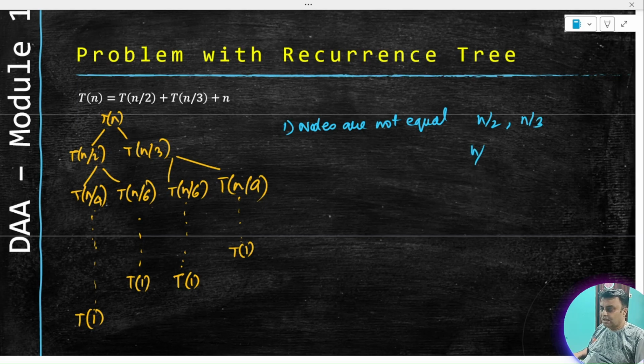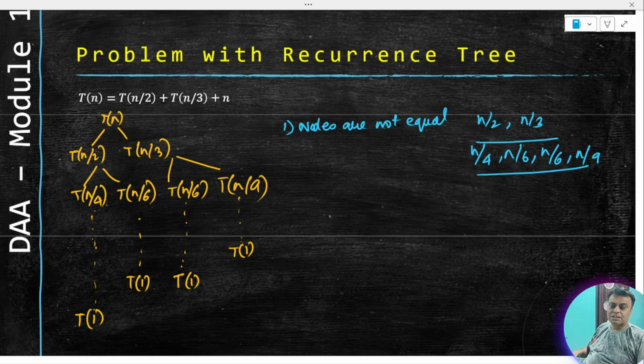At the next level I have n by 4, n by 6, n by 6 and n by 9. So there is no parity in terms of how we are dividing the sub problems. On one hand we are saying one problem will be divided by 2, on the other hand another problem in the same level will be n by 3. Now that creates a jagged kind of sub problems. Both the problems are not of the same size, right?